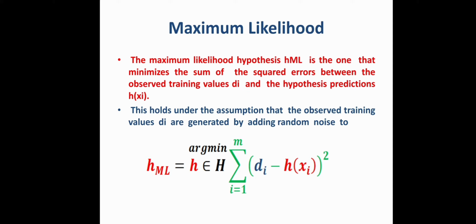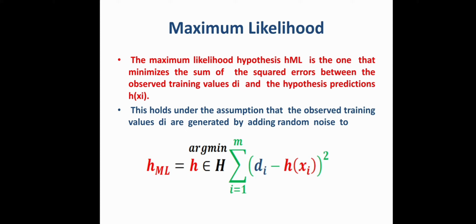Using mathematical representation we can write it as the formula below, where h_ML is equal to argmin over h belonging to the set H, of the summation of i varying from 1 to m, of (d_i, the training data, minus h(x_i), the hypothesis value of each instance x_i), whole squared. So this is the formula for the maximum likelihood value.